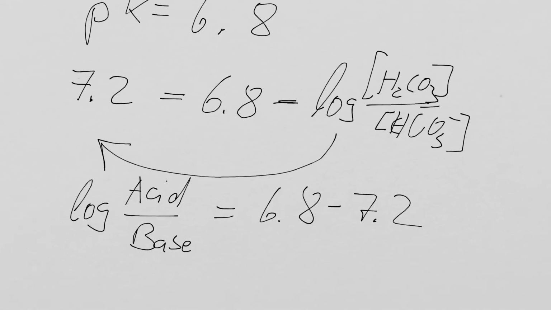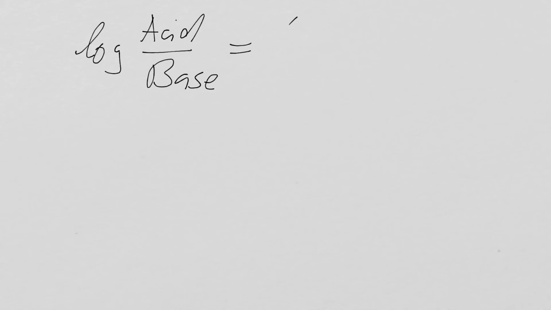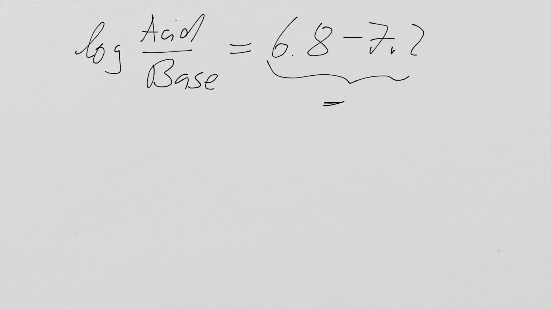So log acid to base equals 6.8 minus 7.2, and that gives us negative 0.4. Is that right? Or have I made a big boo-boo?